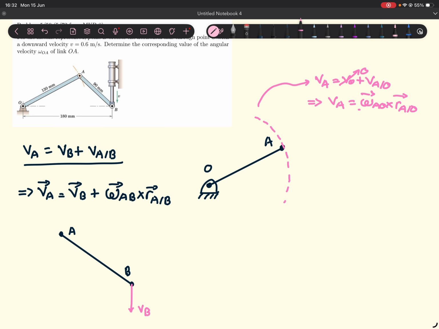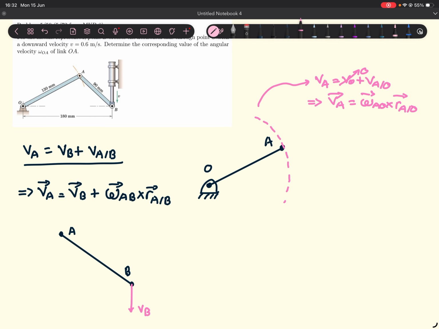So over here we have the cross product between two vectors. The cross product between two vectors always results in a vector that is perpendicular to both of those two vectors. So the result of this cross product is VA, and it's going to be perpendicular to whatever omega AO was and whatever this RAO is, right?